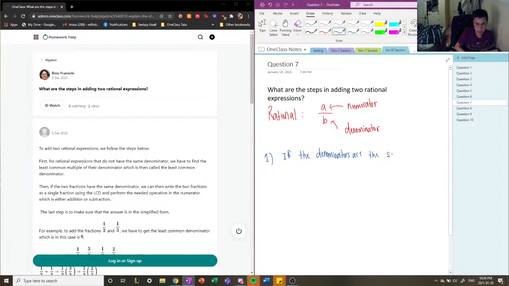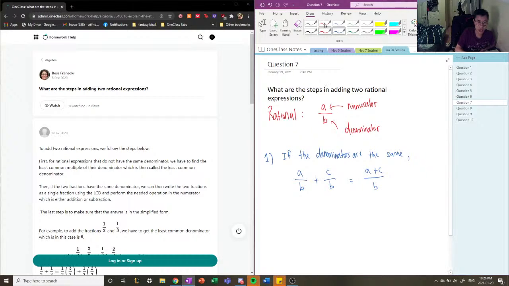Okay, if the denominators are the same, so if we have expression a over b plus expression c over b, all we have to do is just add the numerators together. So that's equal to a plus c over b.